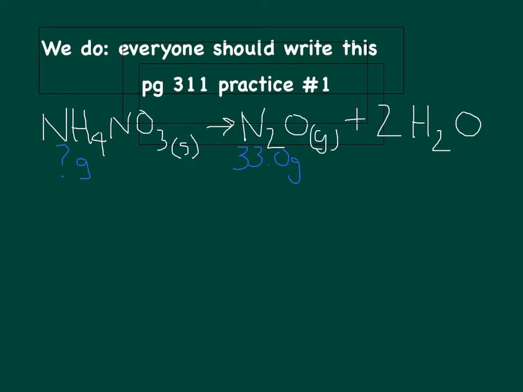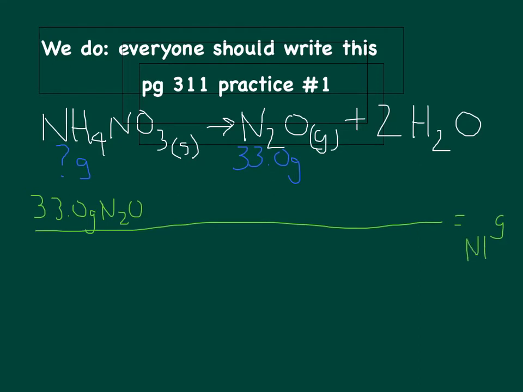So, we begin with the given 33.0 grams N2O, and we have to change it to grams of NH4NO3. I'm going to write it below here. Alrighty, so first step, we need to divide by grams of N2O.